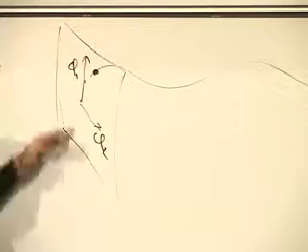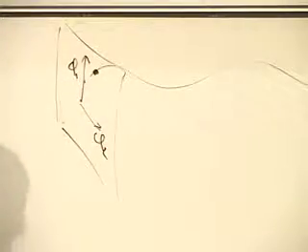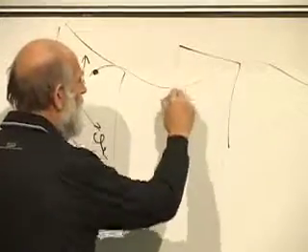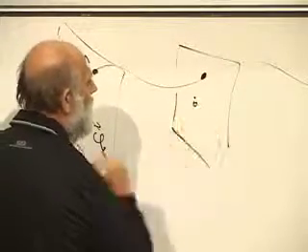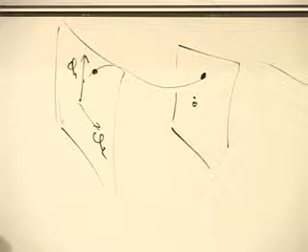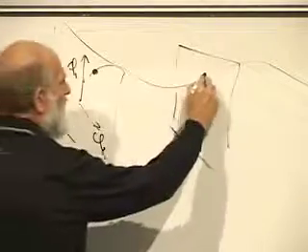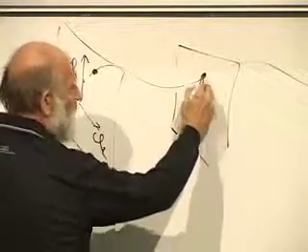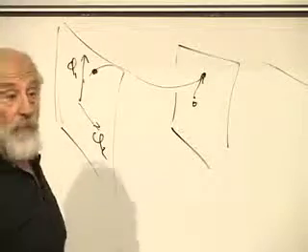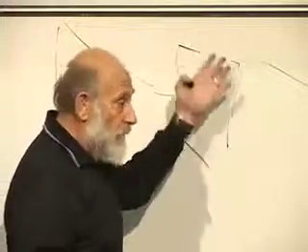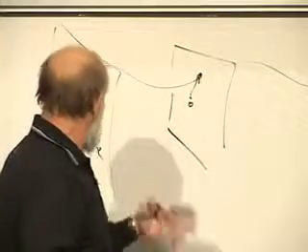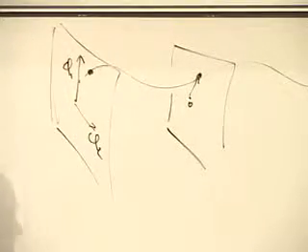The two components of the position anywhere along here, the string intersects the plane at some point, and it can be described by a complex field phi, which could be phi 1 plus i phi 2.